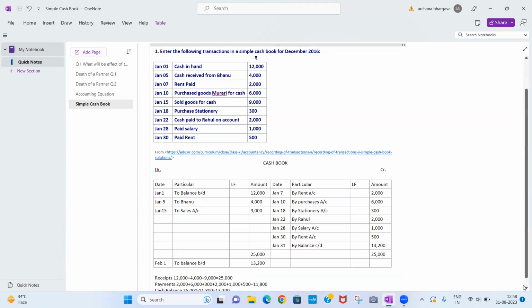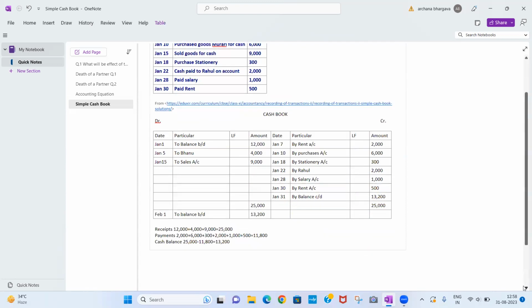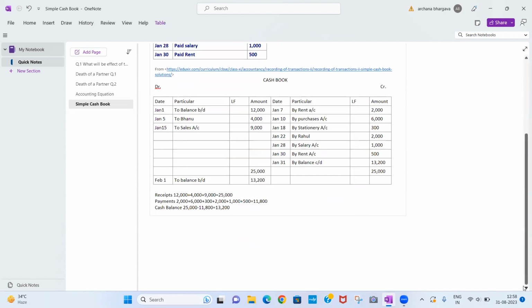So basically the concept is what? The cash book records receipts on the debit side and payments on the credit side. The payments cannot exceed the receipts, and the balance is 13,200 rupees. So that's all for today's video, and we'll meet in the next video with another problem.